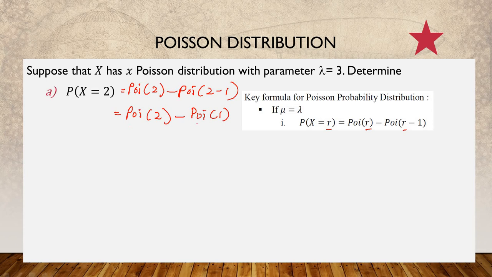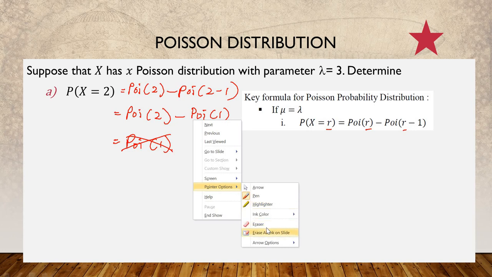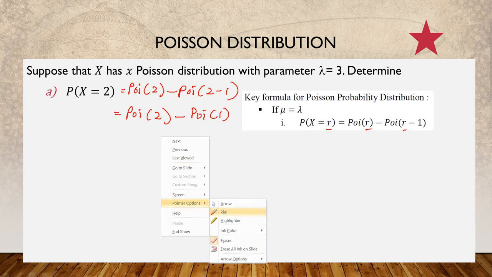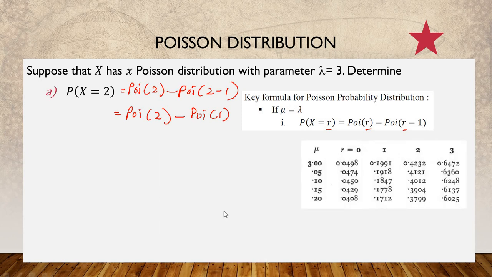Stop here, you have 2 terms. If you write only poi 1, then you're wrong, because we want poi 2 minus poi 1. Until here. Next is to refer to the table.